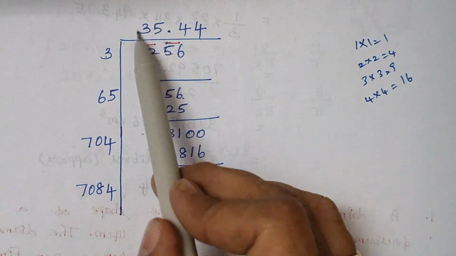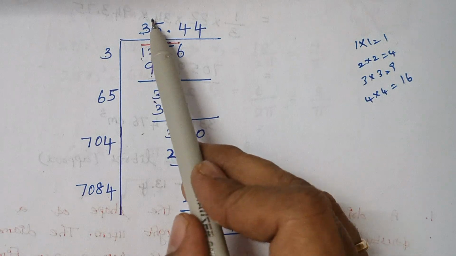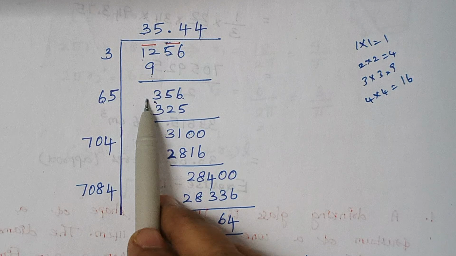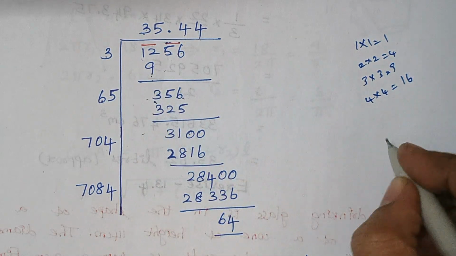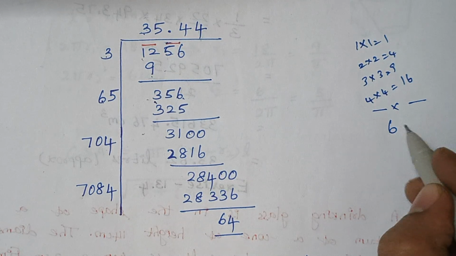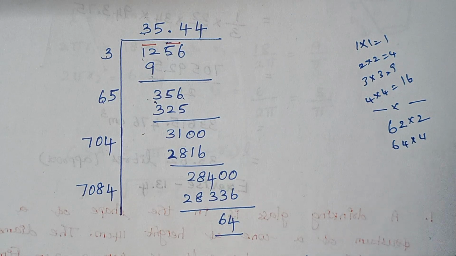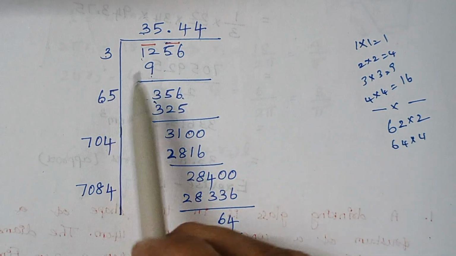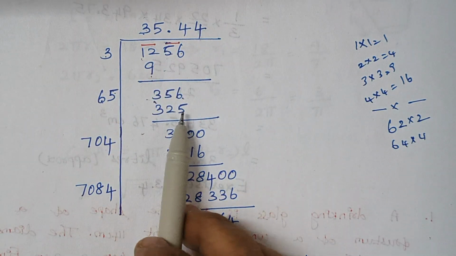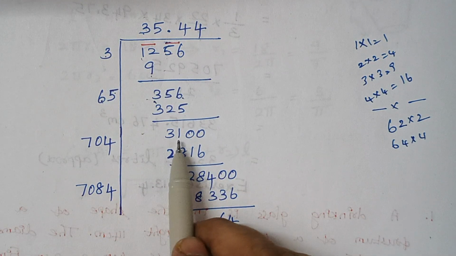Now here we have only 3. Multiply this 3 with 2, so 3 twos are 6. Write the number 6 here. Next, we need to fit 356, and I have a 6 here, so you can add any number, it may be 62 into 2 or 64 into 4 or whatever. Here it is 65 into 5. 65 into 5 gives you 325. When you subtract, you get the answer 31.